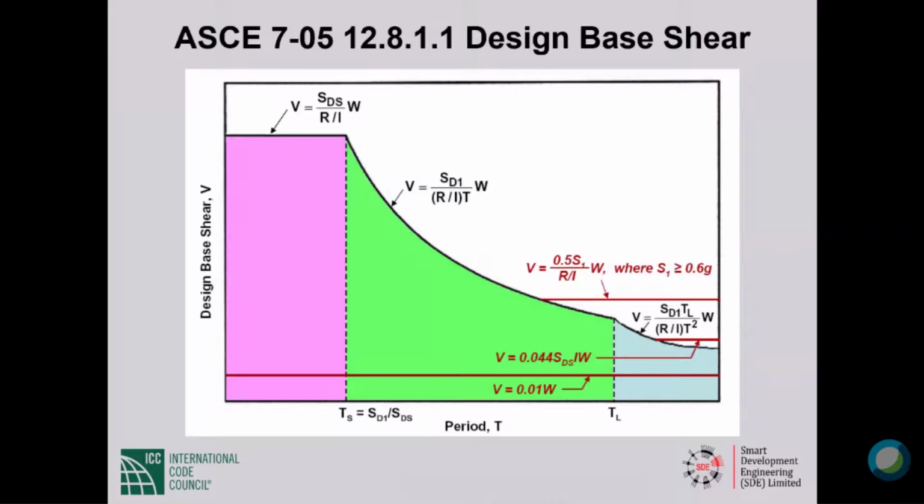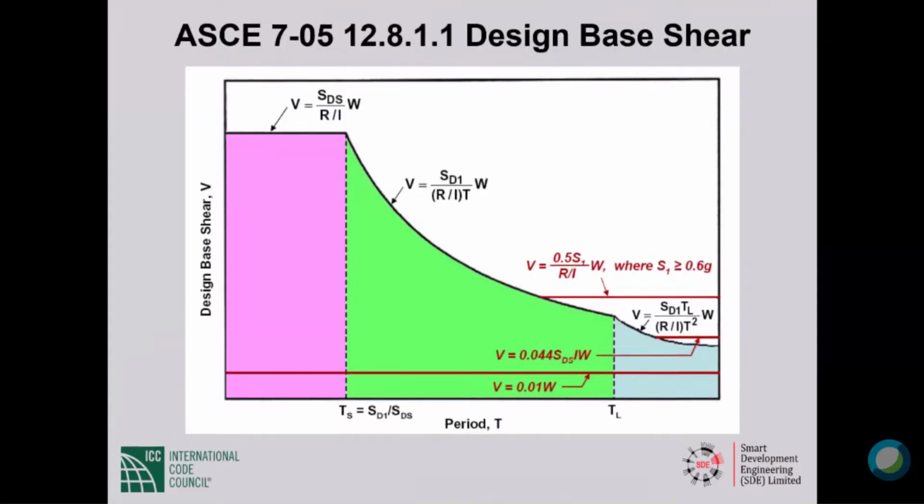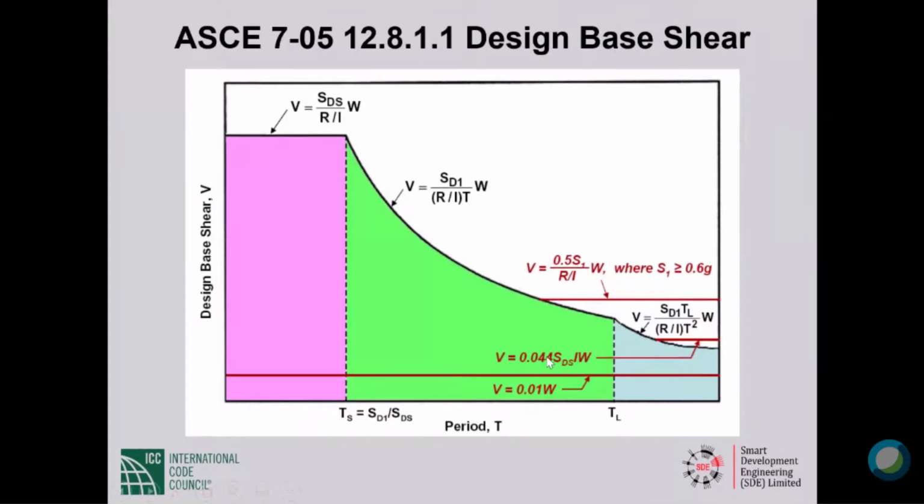We raise the spectrum by I, lower it by R, and we impose minimum design base shears. This minimum 0.044 S sub DS I W, by the way, was eliminated from ASCE 7-05. You will not see it printed there, but then things happen and we had to bring it back. So that is kind of an important minimum. Remember that.